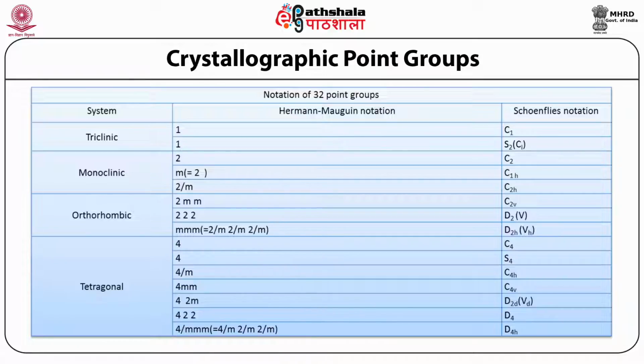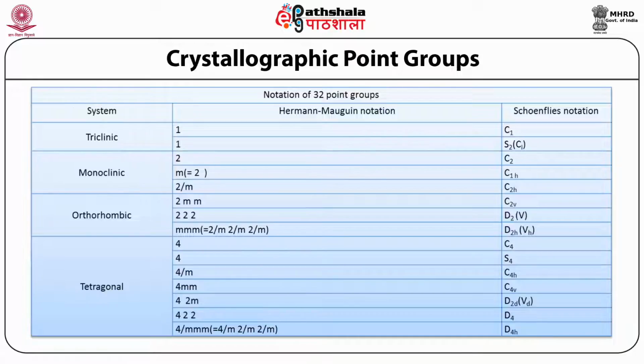Corresponding to it in Schoenflies notation, it is capital C subscript 4h, then 4mm. Its corresponding Schoenflies notation is capital C subscript 4v, then 4 bar 2m under HM notation. Its corresponding Schoenflies notation is capital D subscript 2d within brackets capital V subscript d.